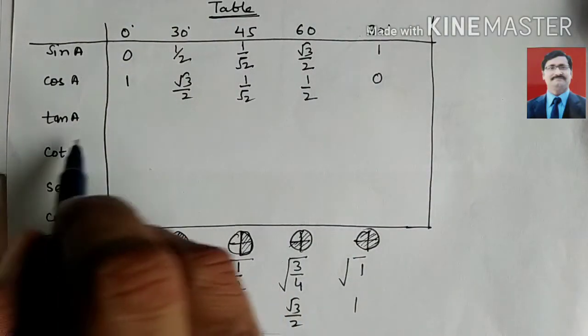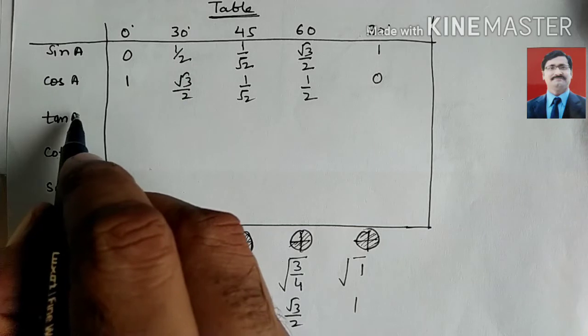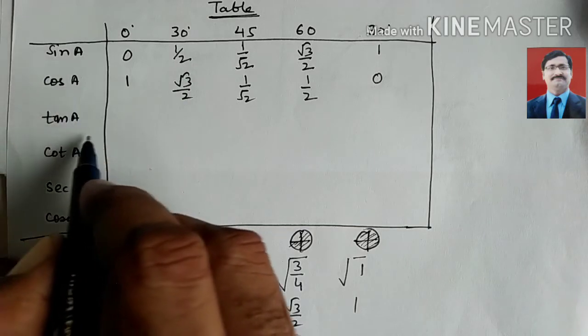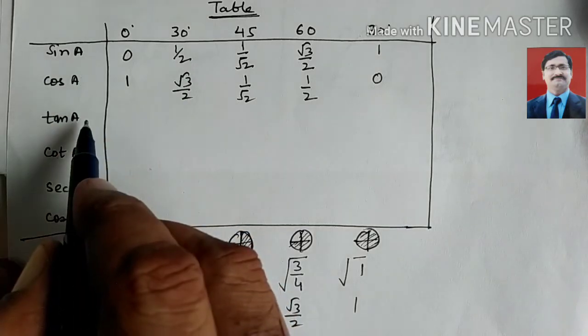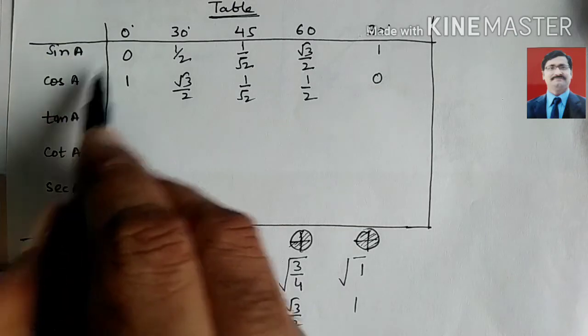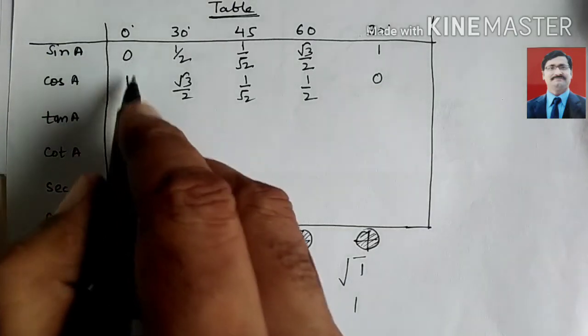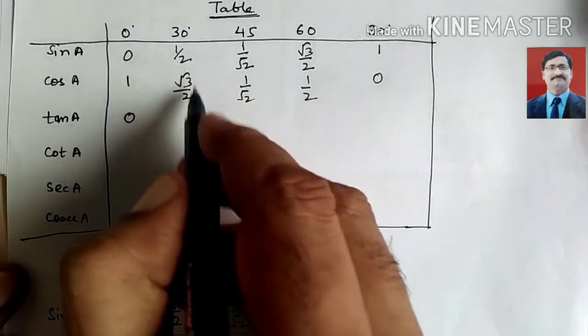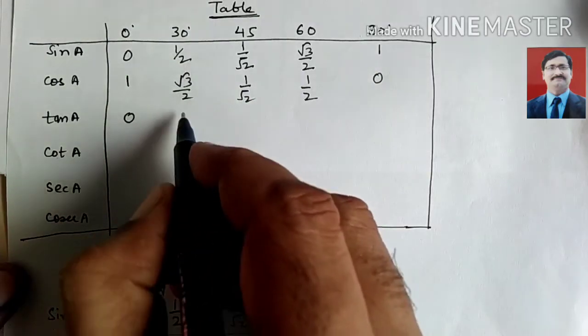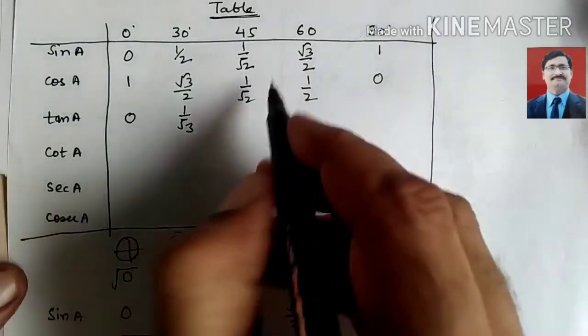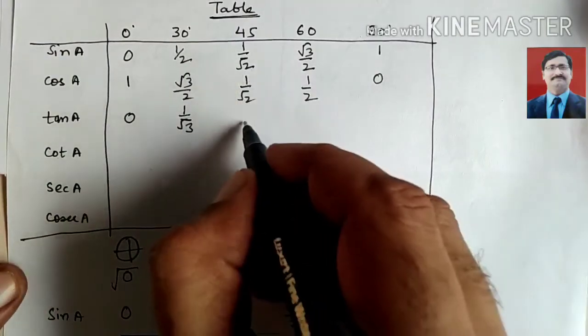Now we know that tan is equal to sine upon cos. So you divide sine by cos: 0 upon 1 is 0. If you divide these two, the 2 cancels and you get 1 upon root 3. These you divide, you get 1.